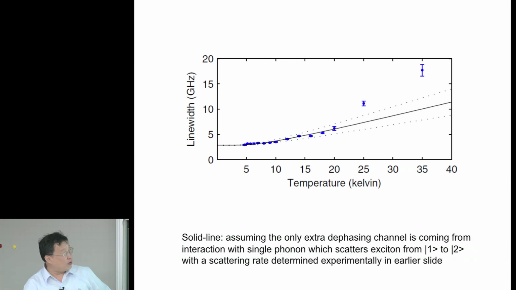Then we fit, assuming all the dephasing comes only from that channel, and this is the theoretical prediction using those parameters. You can see between 5 and 20 Kelvin the whole thing fits very well with just this phonon-induced dephasing. But when you go beyond that, because the temperature is high, you have to involve many different levels, and this simple model can no longer account for all of those.